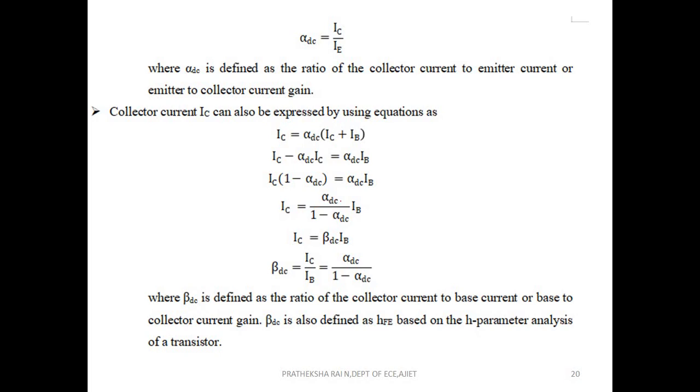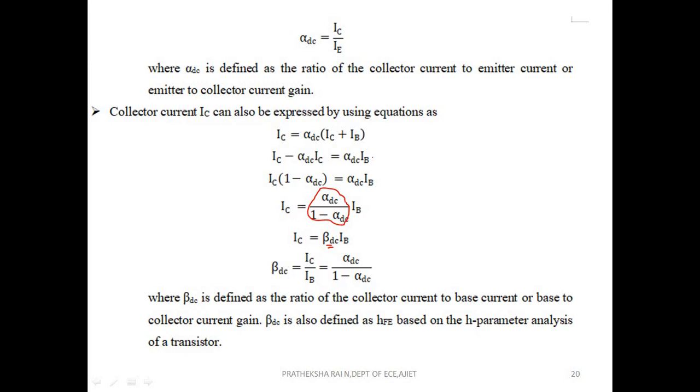Now this factor, alpha DC divided by 1 minus alpha DC, I will take as beta DC. So IC is equal to beta DC times IB, or beta DC is equal to IC by IB. IC by IB can be written as alpha DC divided by 1 minus alpha DC.